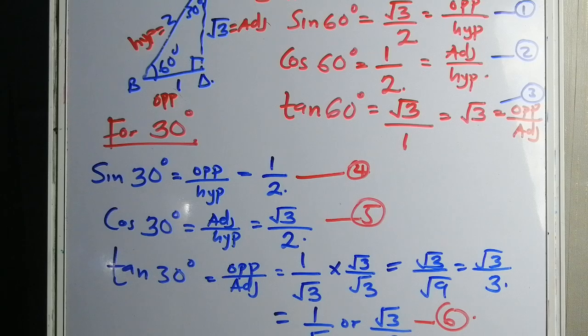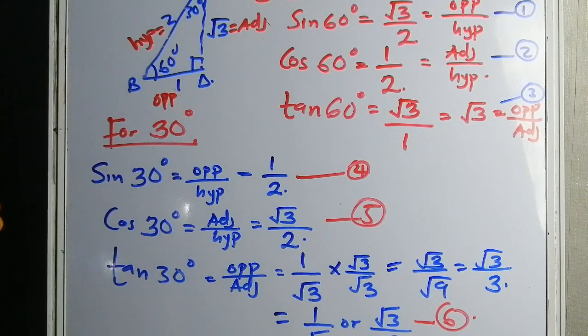Now, if you look at it very well, equation 5, cos 30 degree, is also equal to equation 1, which is sine 60 degree. You don't need to cram. All these things can be generated, and you know how you can get them in a very fast manner. You already have the picture of the equilateral triangle in your head, and you know where your root 3 is, where your angle 60 is, and what to do.